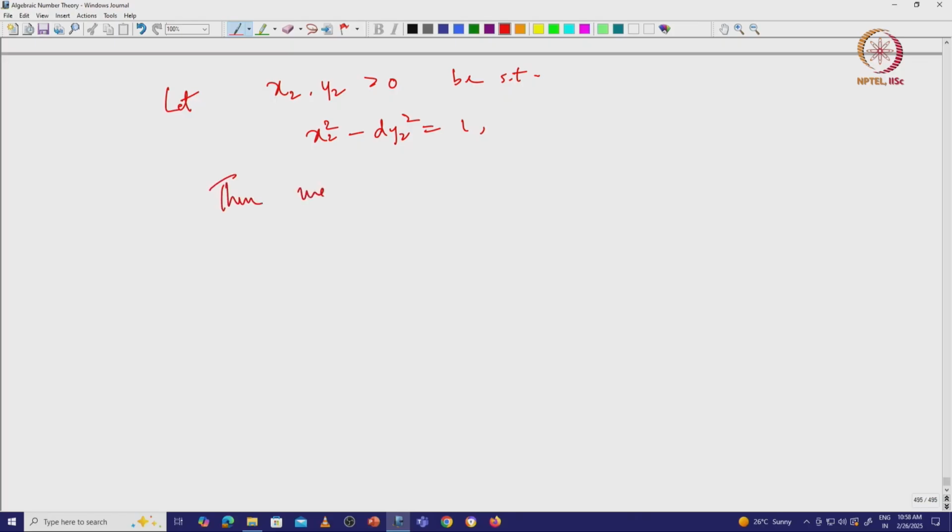Then we show that there exists k in N such that x2 plus square root of d y2 is equal to (x1 plus square root of d y1) to the k. Okay, so, that is what we want to show.